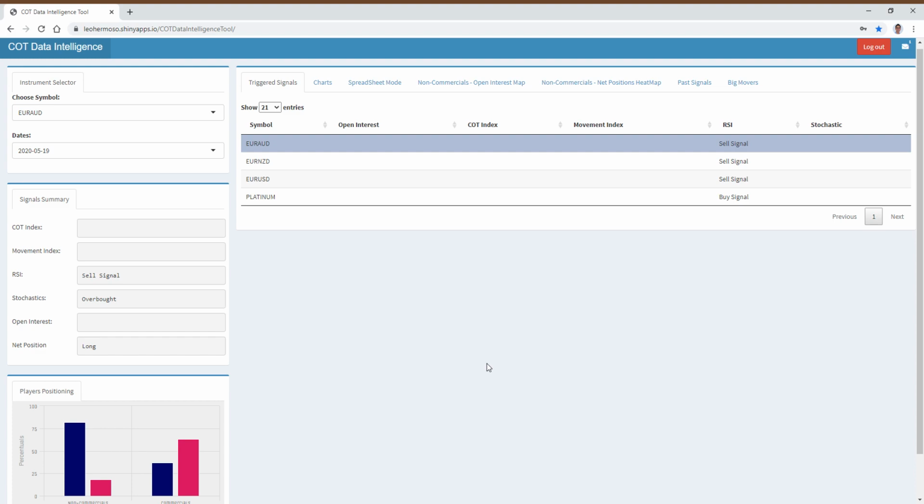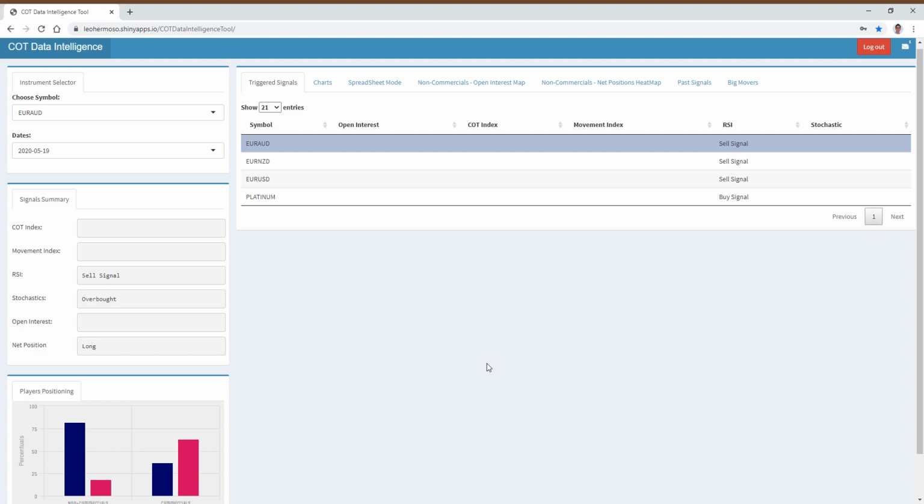Okay, so COT data is a misused feature that you have in the market, and people can't really see the power behind it. I think the main reason is because it's not easy to analyze a bunch of data and to see what is good and what's not. And that's the reason that I created this tool.